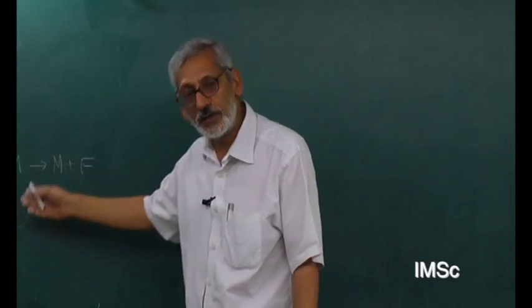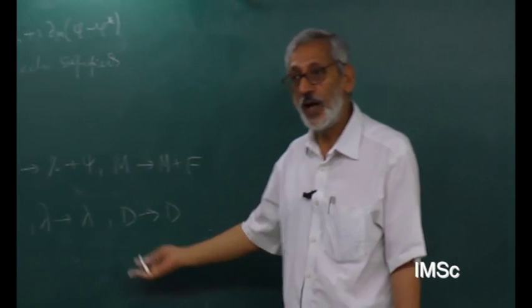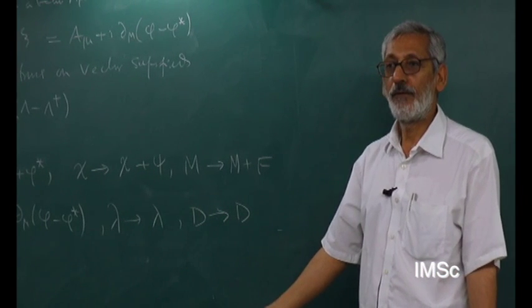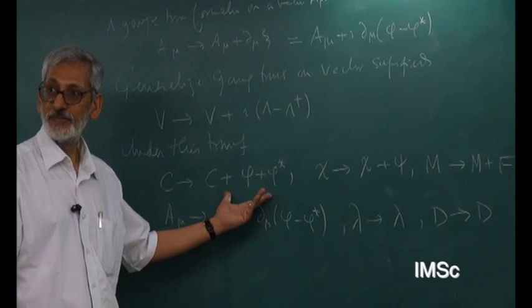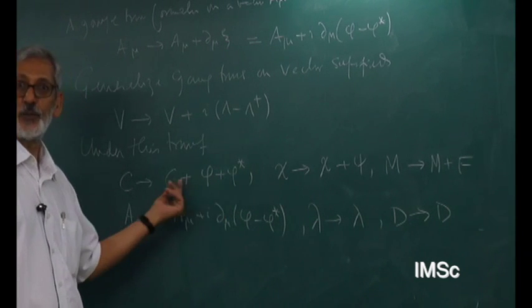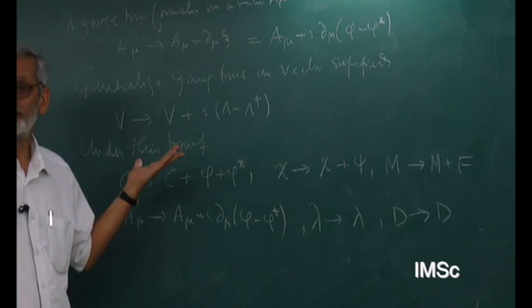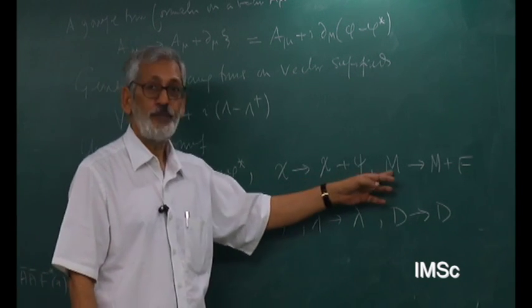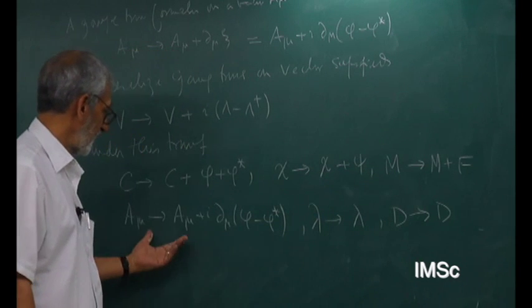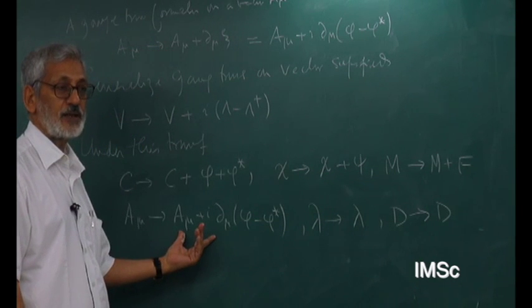Now I can use this to eliminate some fields from the theory. So let me construct a lambda which will take away C, make C zero, because I choose phi star to be equal to minus C. So you make C to 0, you can make chi to be 0, you can make M to be 0, and this would be simply a gauge transformation of A mu.